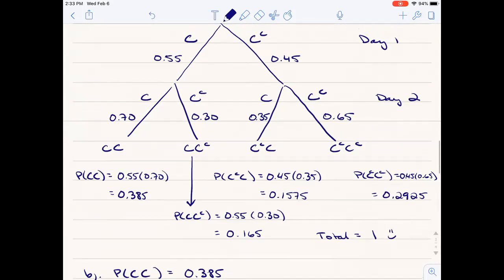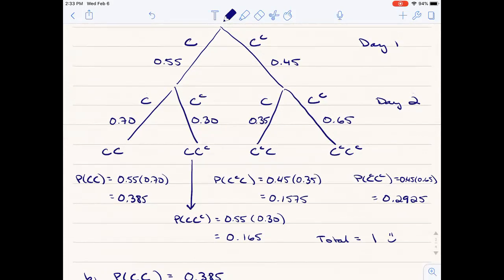Here we have 2 clear days, so that one satisfies the criteria of at least one clear day. Here we have a clear day, one not clear day, still good. Not clear, but then a clear day, so still good. All these 3 satisfy the criteria. So we could add up these probabilities and get that total probability.